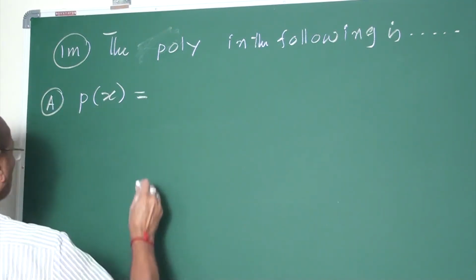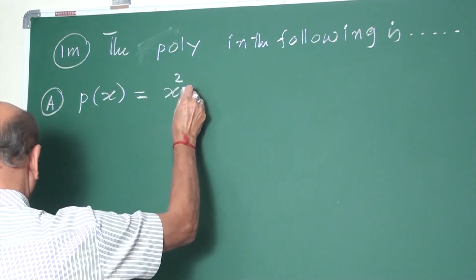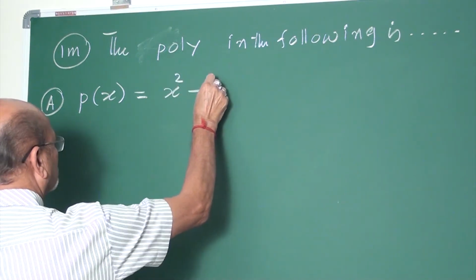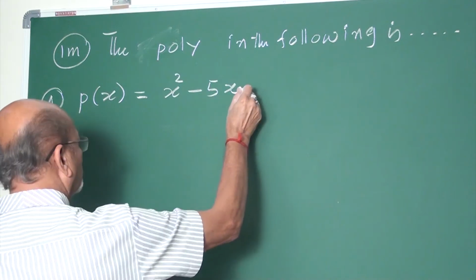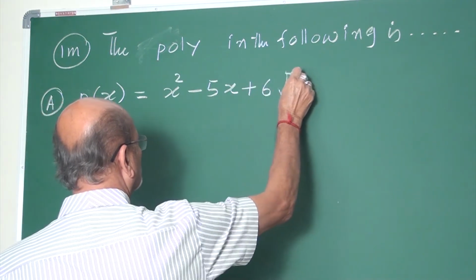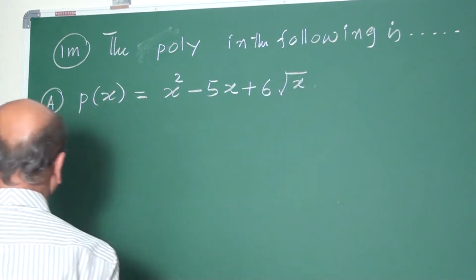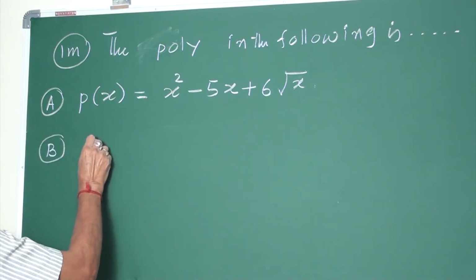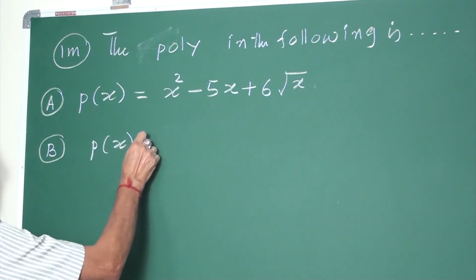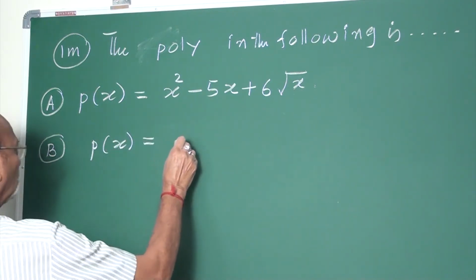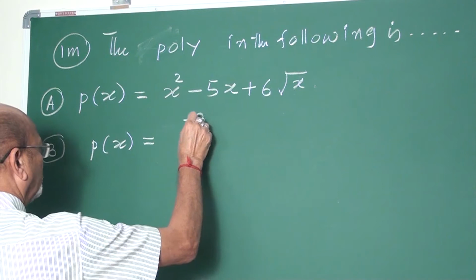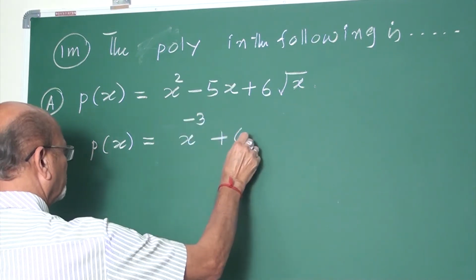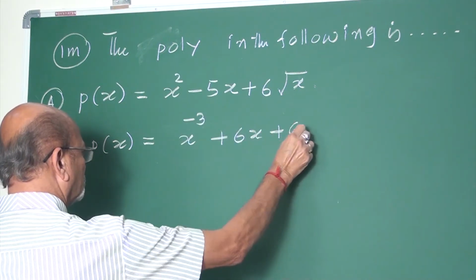x squared minus 5x plus 6 into root x. This is one. Second, B: p(x) equal to x to the power minus 3 plus 6x plus 6.